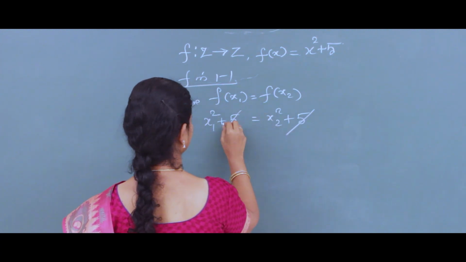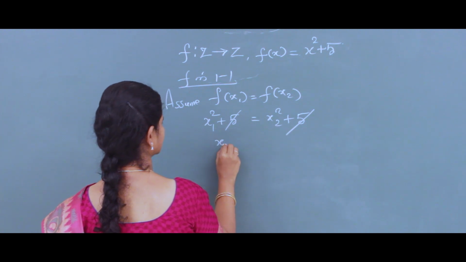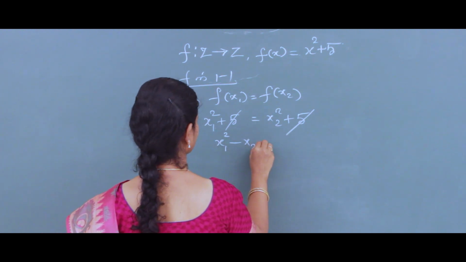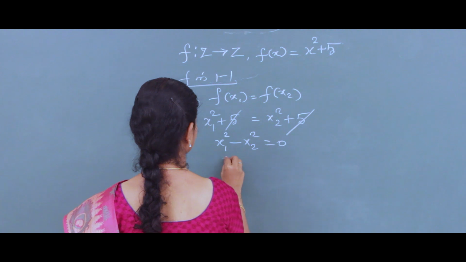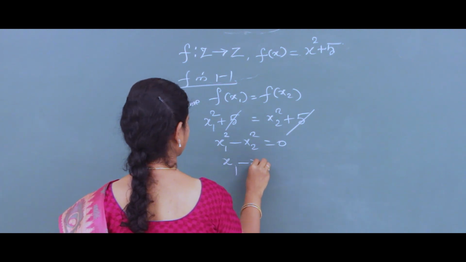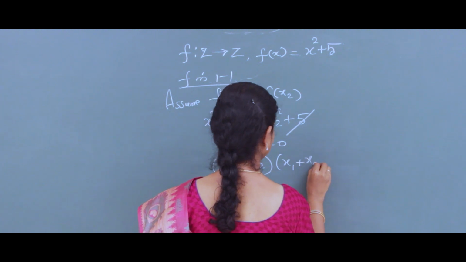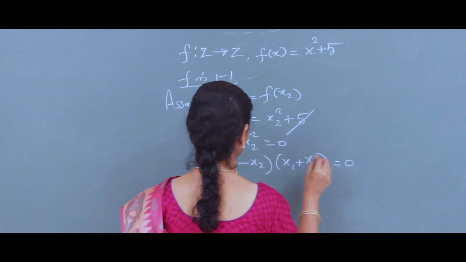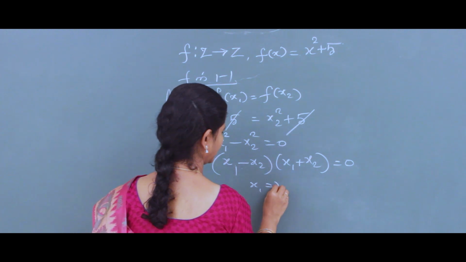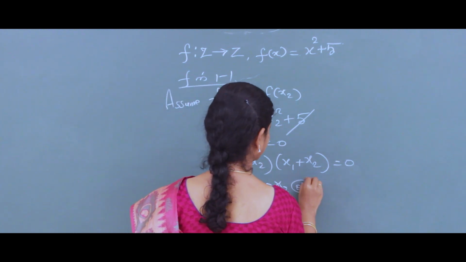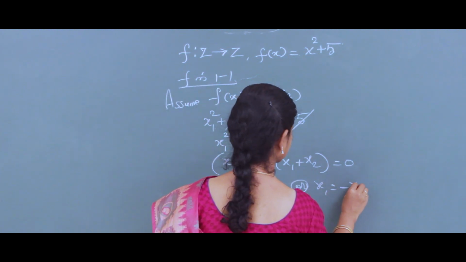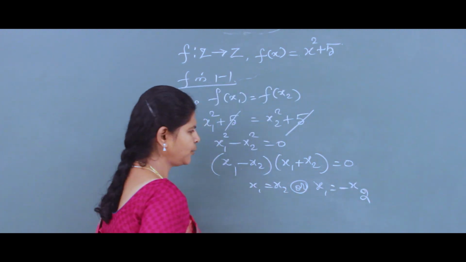Cancel the 5. So you bring this side: x1 square minus x2 square equal to 0. That implies (x1 minus x2) into (x1 plus x2) is equal to 0. Either x1 equal to x2 or x1 equal to minus x2. This is not possible, isn't it?